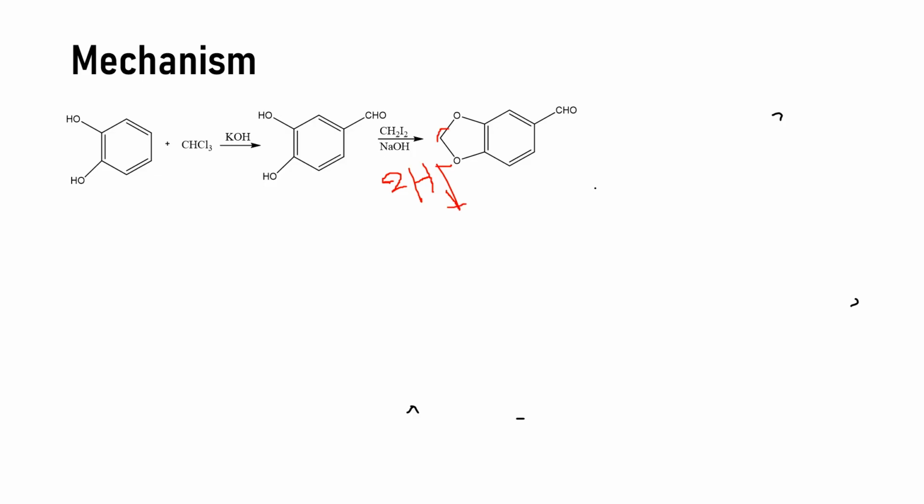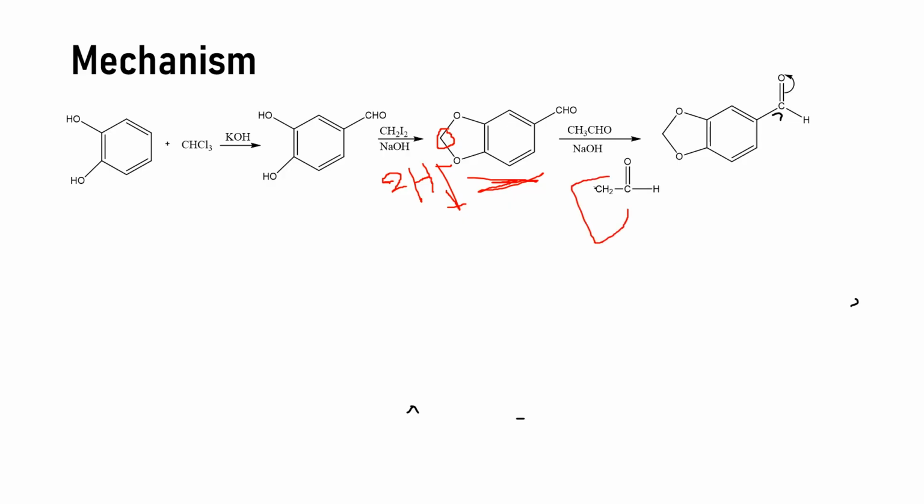here. Okay, so then in the next step I am going to take the acetaldehyde and base. Okay, then this substrate I am going to modify, which will give the carbanion.